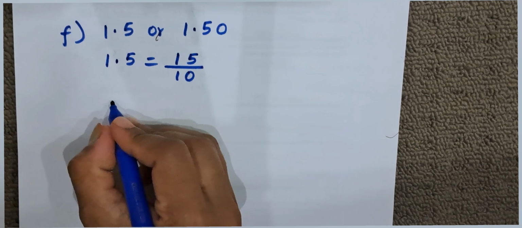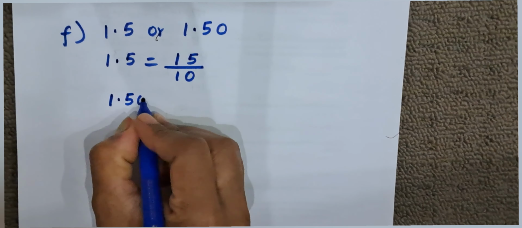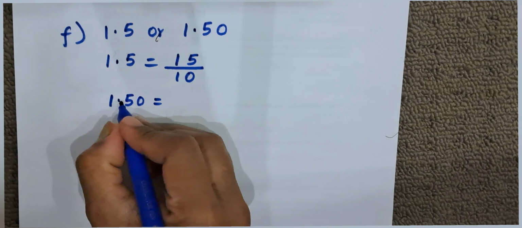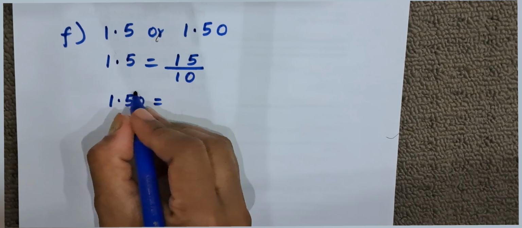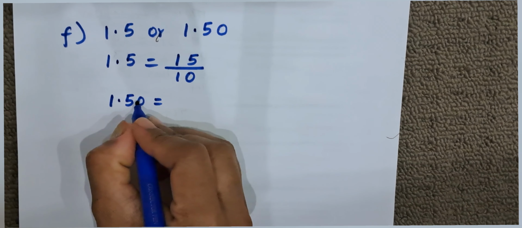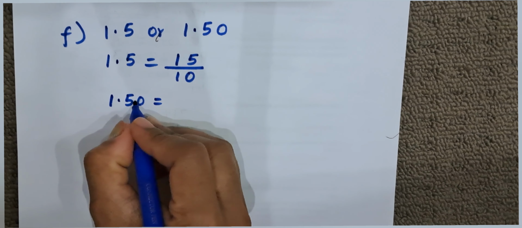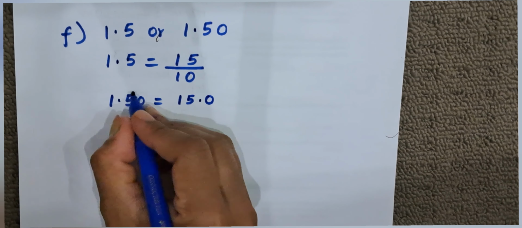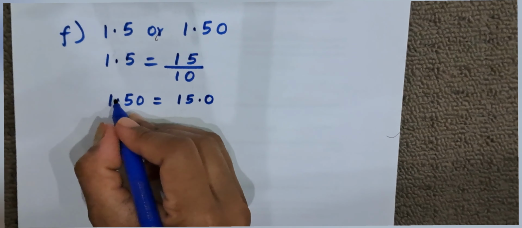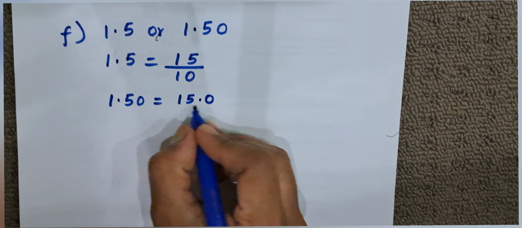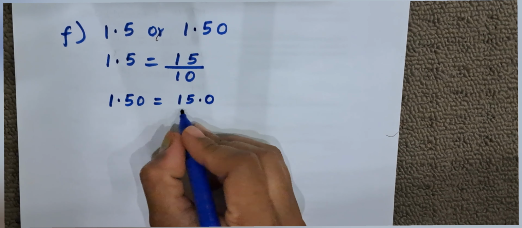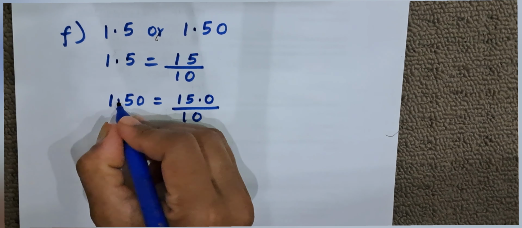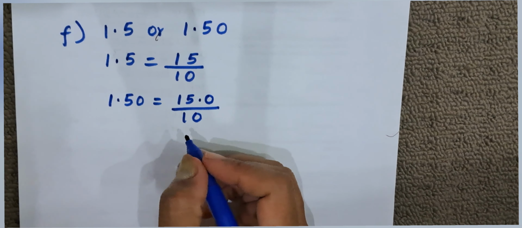Now the second decimal 1.50. See, now we will take just one decimal point to the right. So it becomes 15.0. 1.50. When you take 1 point to the right hand side, it becomes 15.0 upon 10, because we have shifted only one decimal point to the right.